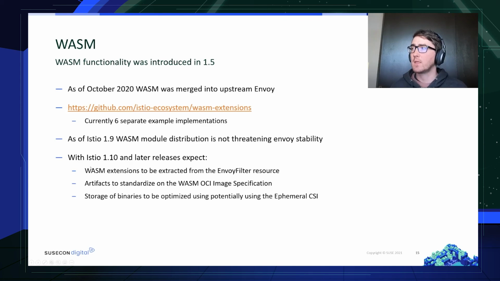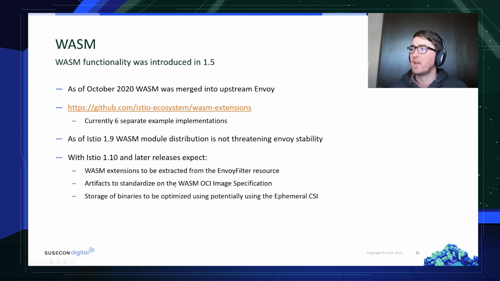That being said, with Istio 1.10 or later, the expectation is that WASM extensions will be removed from the EnvoyFilter resource and made their own customizable resource, in a manner that's going to enable functionality like the rate limit operator that I talked about previously.